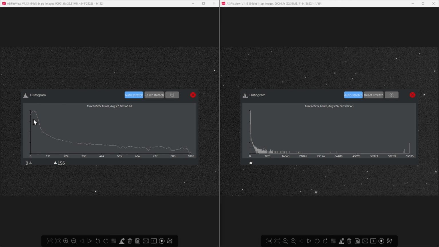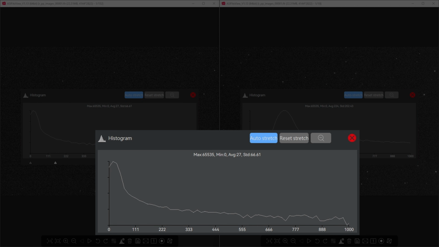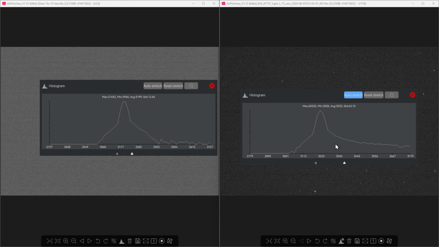The takeaway is simple. Your sub-exposure should be long enough that the sky noise dominates over the read noise. Let's review. 1, if the calibrated subframe histogram piles up against the left edge, read noise is likely dominating your subs, and they're too short. 2, you can compare a bias or dark histogram to a light frame if you don't want to use calibrated subframes.